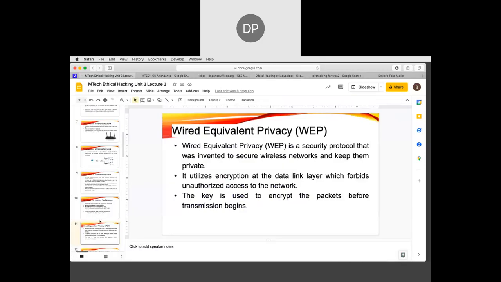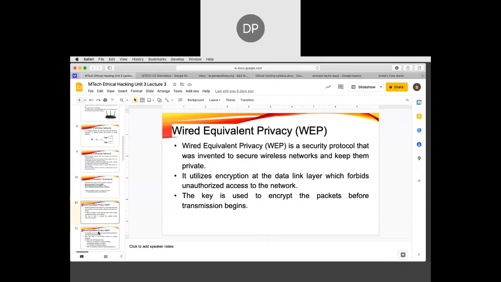So now come back to theory. WEP is a security protocol that was invented to secure wireless networks and keep them private. It utilizes encryption at the data link layer, which forbids unauthorized access to the network. The key is used to encrypt the packet before transmission begins.